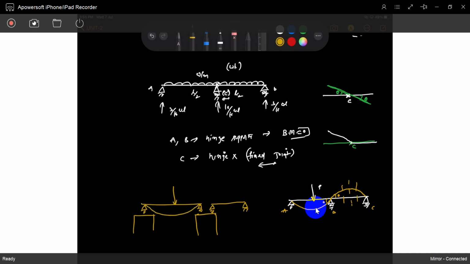If a connection is there, the load is transferred to the other portion also. So that C center is called a hinge support, but it behaves as a fixed joint. It will rotate, it will allow. Are understood? So it has a bending moment.